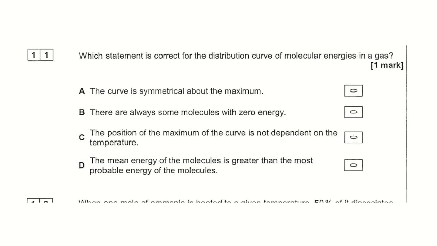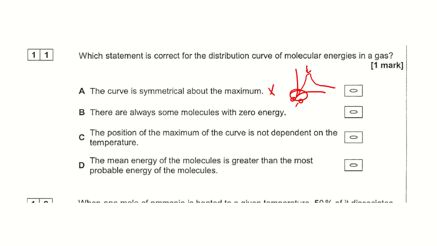Right, which statement is correct for the distribution curve of the molecular energies? The curve is symmetrical about the maximum. No, it definitely is not; it's sort of like that, so that's the maximum, and it's definitely not symmetrical. There are always some molecules with 0 energy. No, it starts at the 0, 0 axis here, so there are 0 molecules with 0 energy.